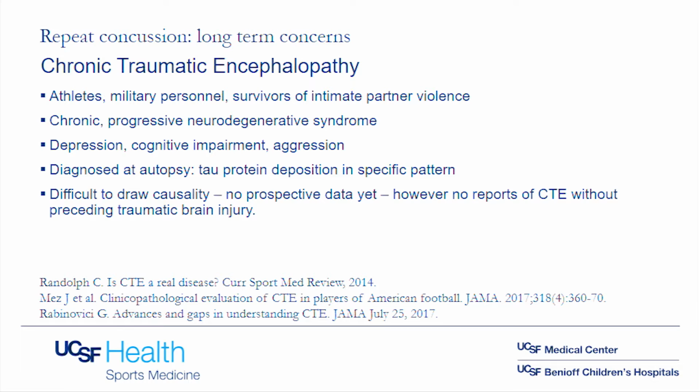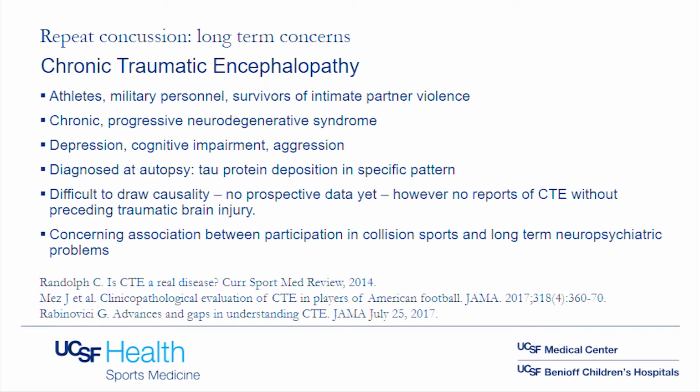It's been difficult to draw causality because there's no prospective data on this. But interestingly, there have been no reports of CTE without preceding traumatic brain injury. So clearly there's a concerning association between participation in collision sports and long-term neuropsychiatric problems.